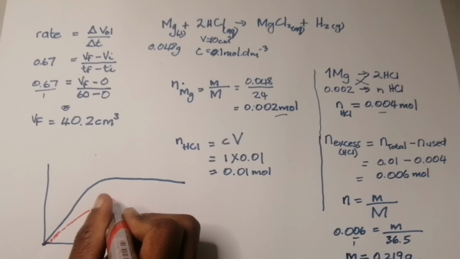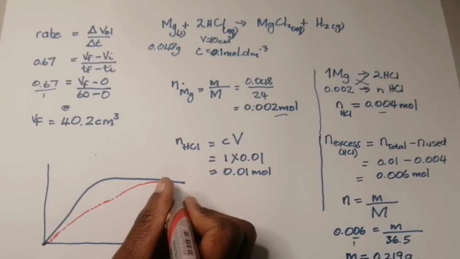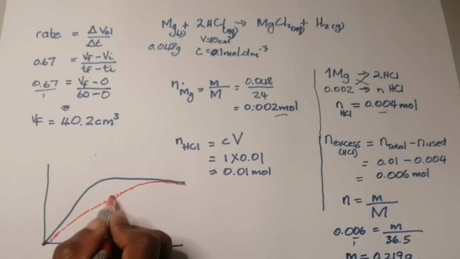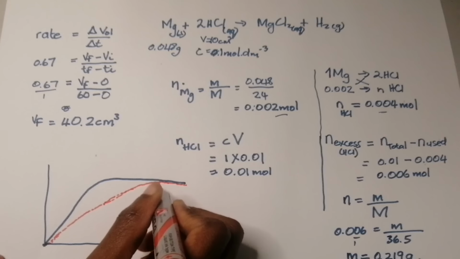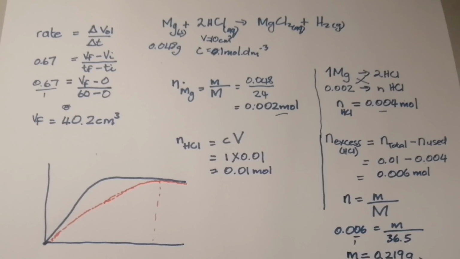Okay, if it's the same amount, hopefully the same amount of moles or whatever the case may be, you still would reach completion. But the difference would be that the amount of time that it takes for you to reach completion would be much longer for the graph of zinc than the one where you are using magnesium. Okay, so obviously that's because of the type of material that you use in this case.